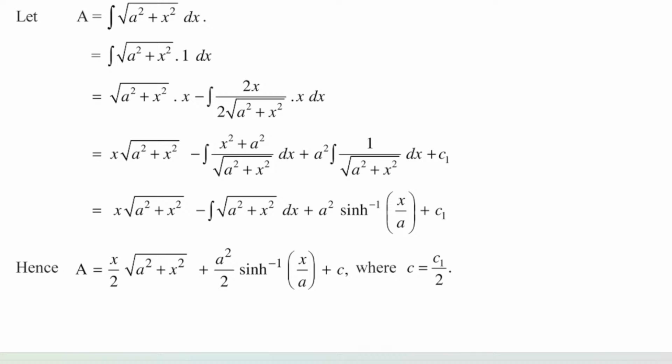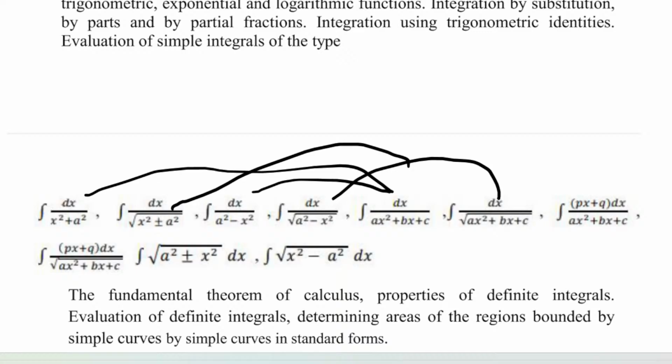Okay. So effectively what we are doing in these two cases, we are using this one in some form, right? In this case also we are using this in some form, and a square plus x square, this in another form.